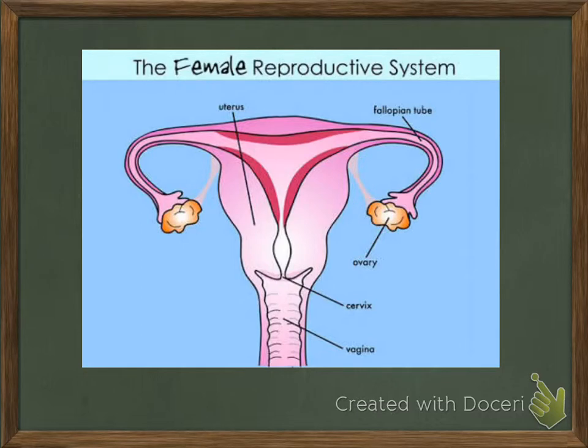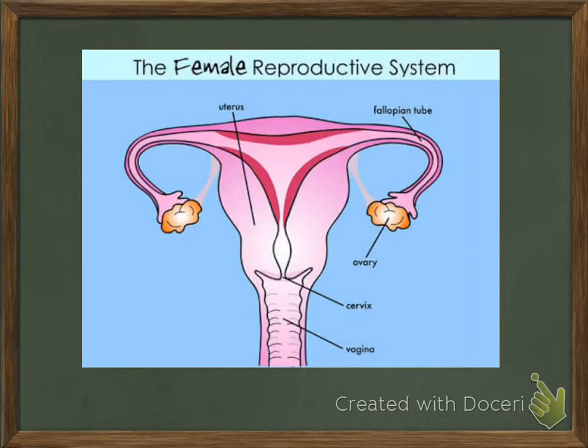The female reproductive system contains a pair of ovaries, uterus, a fallopian tube, cervix and vagina.